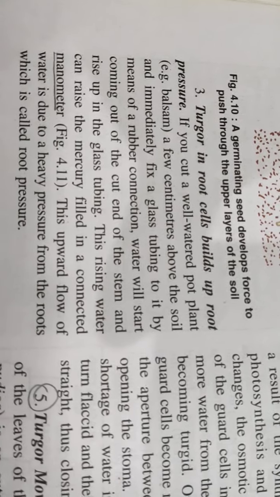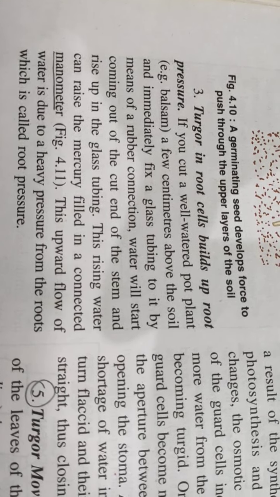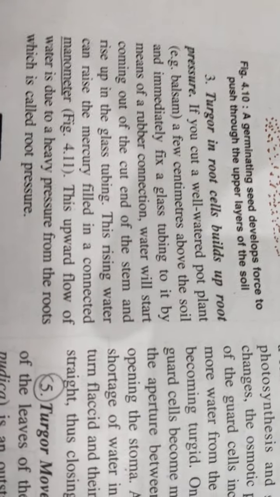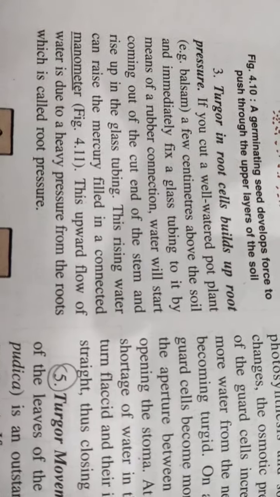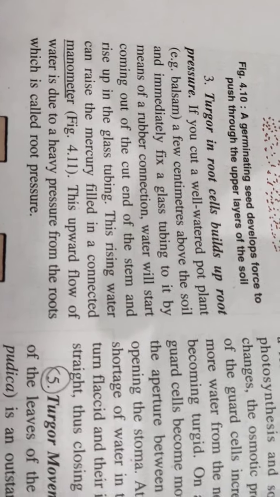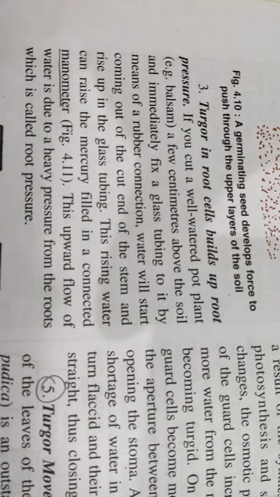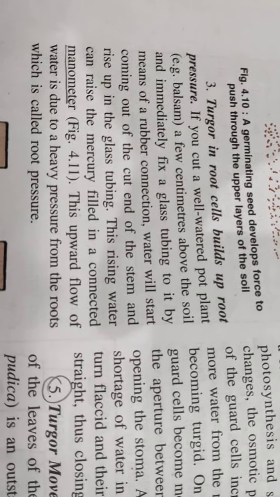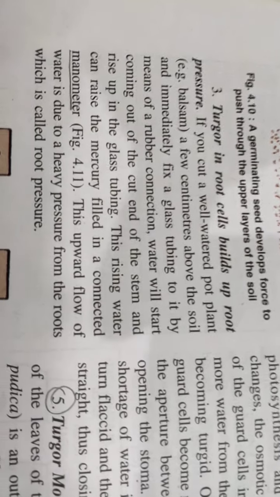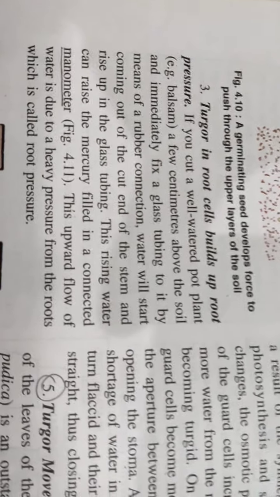So this whole movement, we all know that it occurs through the xylem tissues. So that movement of the water is possible only because of the tightness of the adjacent cells. And what are those cells? Those are root cells, and it is brought about by the high root pressure.